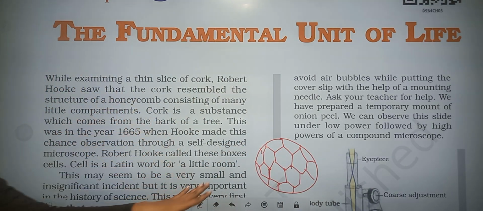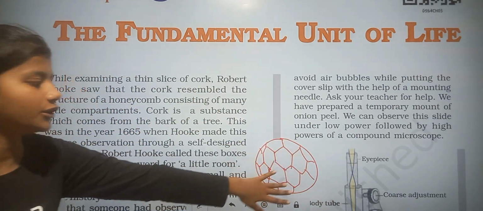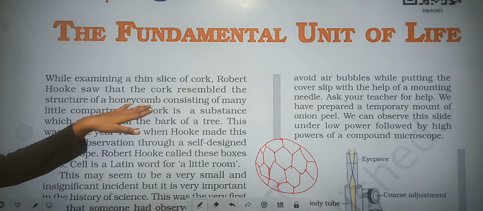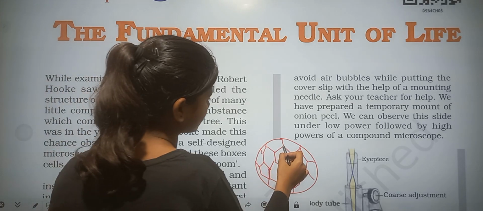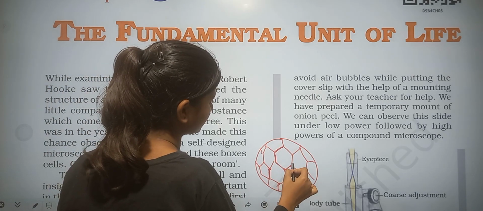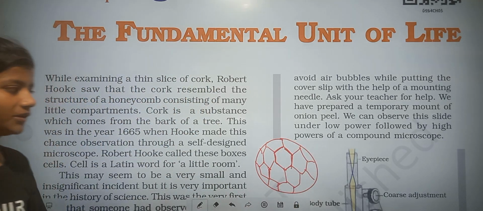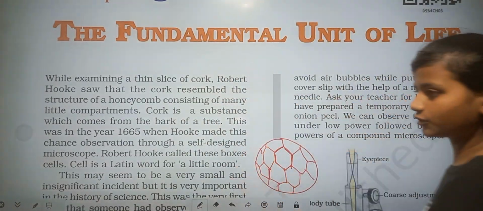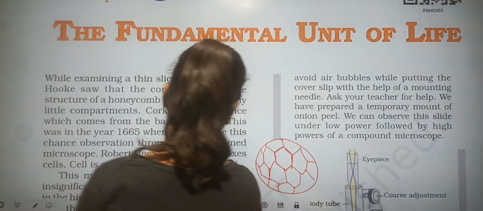So the cork resembles the structure of a honeycomb, with a honeycomb consisting of many little compartments. It means this one is called a little compartment. You can also say a hollow room or a little room, whatever you want to say.